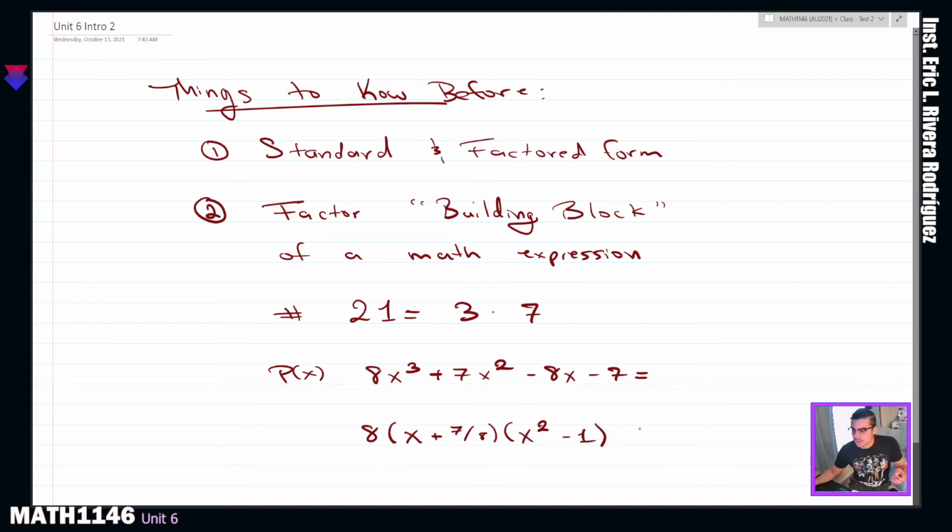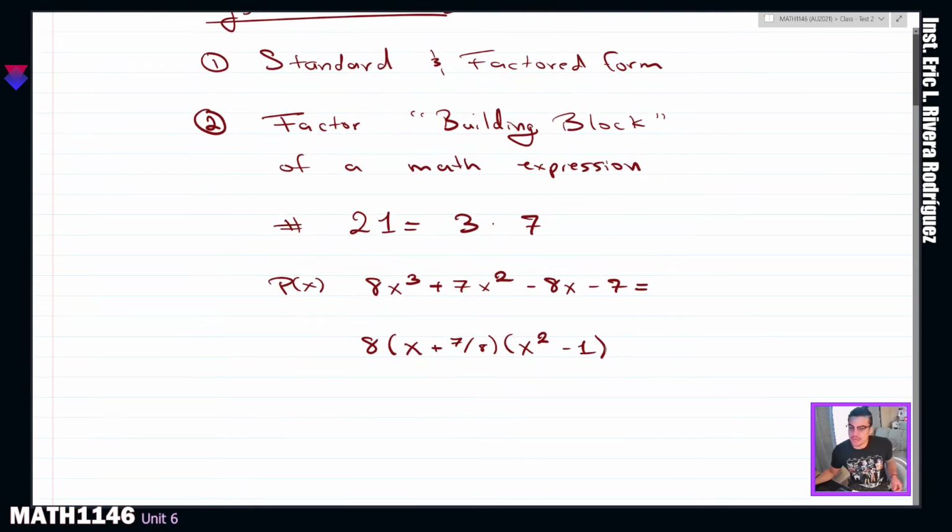Okay, so basically we call a factor any of these that we use in a multiplication to construct the mathematical expression, whether it is a number or a polynomial.